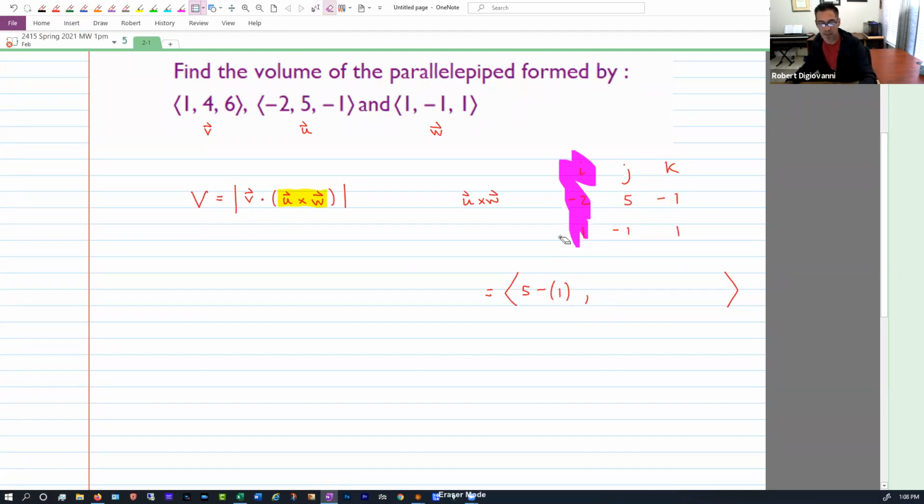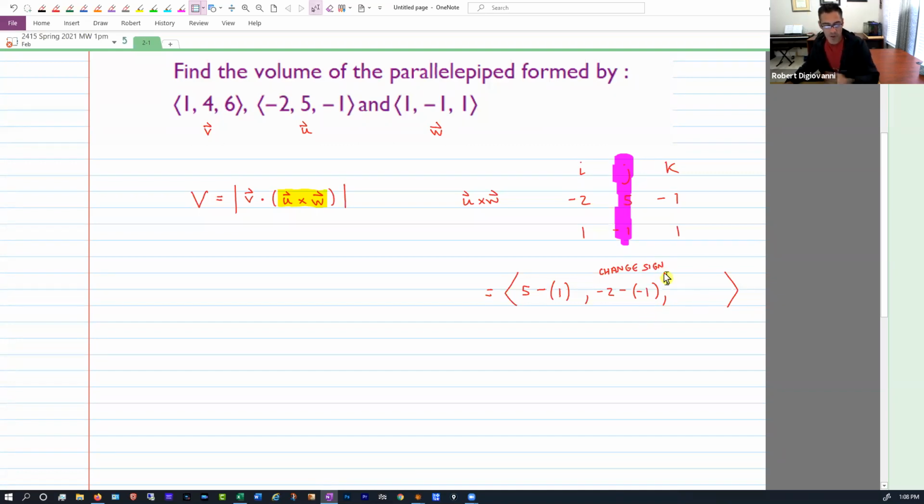Then I move on to the second component of the cross product vector. This time I cover up the middle, and I do the determinant using these four numbers. That should give me -2 minus, then here to here is -1. But remember, I have to change the sign of that one.